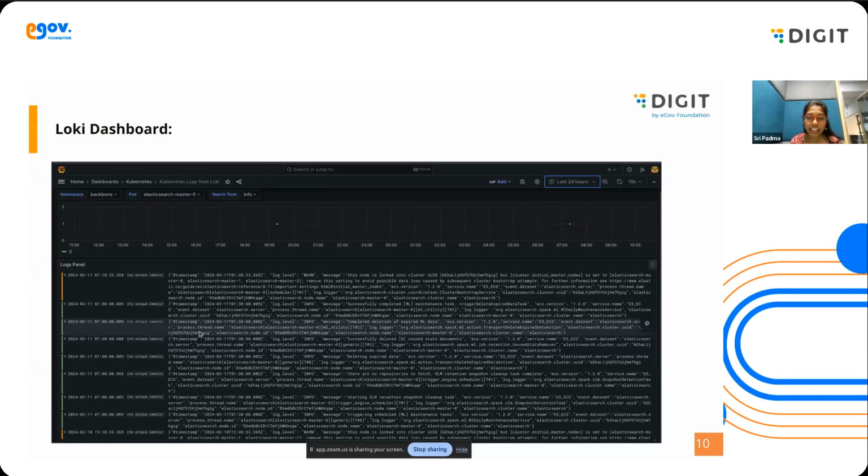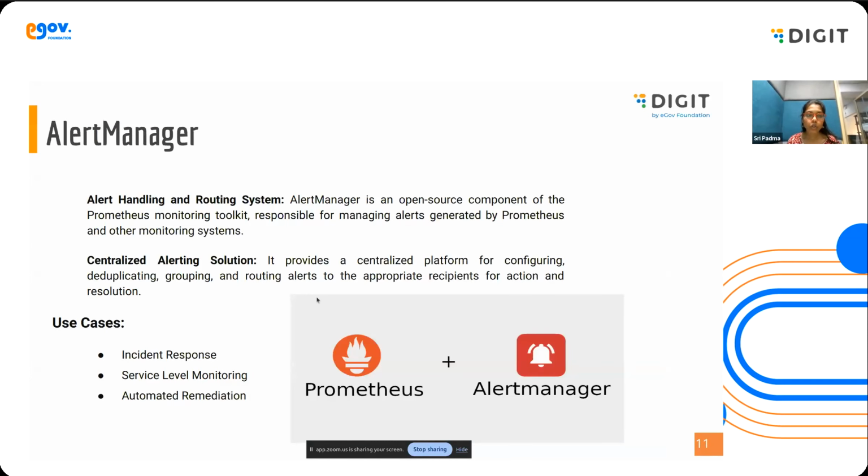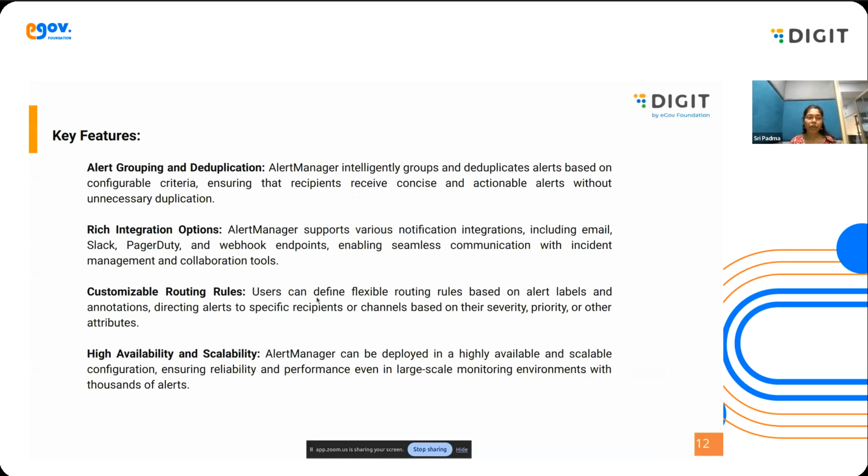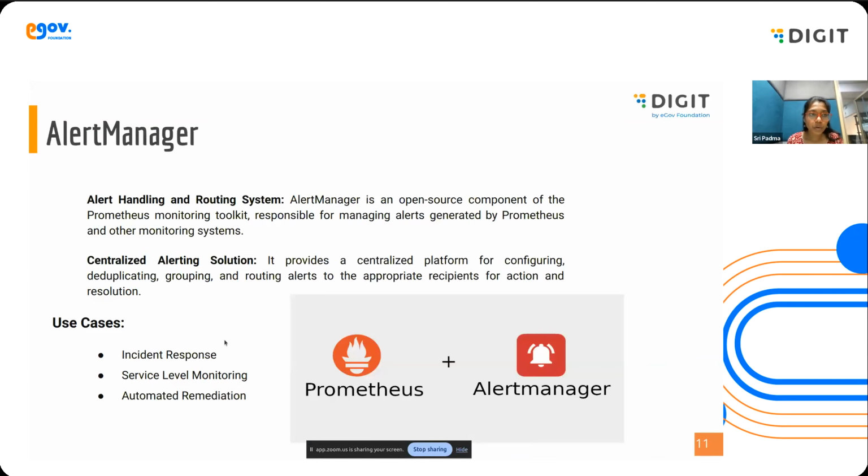Earlier we discussed the Loki configuration and how we are going to fetch the logs data using the labeling. And the next topic we are going to discuss is the alert manager. Alert manager is basically configured with Prometheus, and it will handle the alerts.